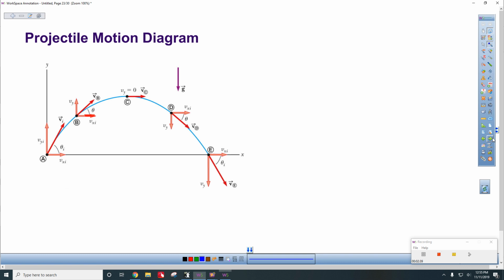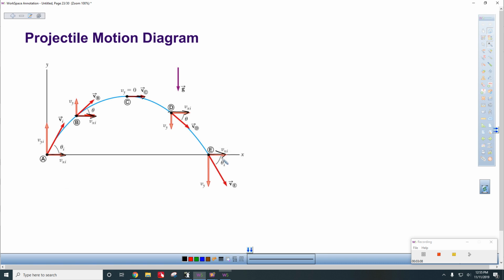I really like this. This is explaining what happens to velocity throughout a projectile's life. Notice that in this particular scenario, the velocity in the x direction, the horizontal velocity, never changes. It is the same throughout this picture.